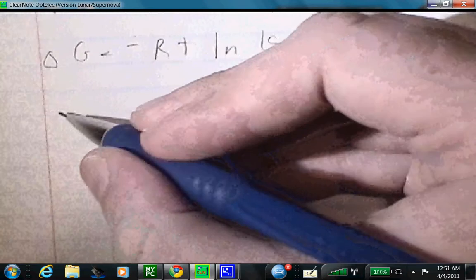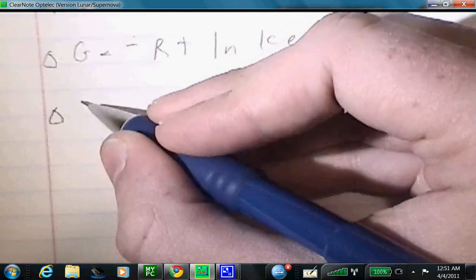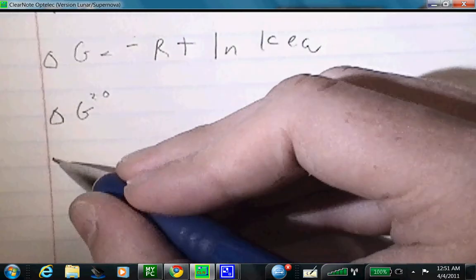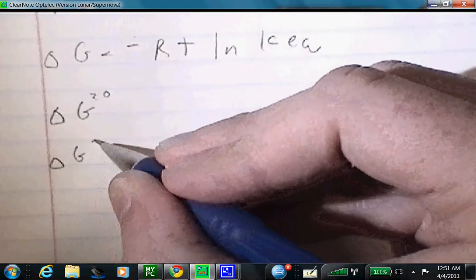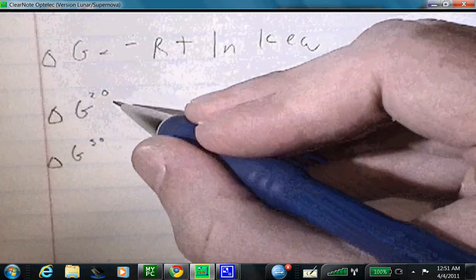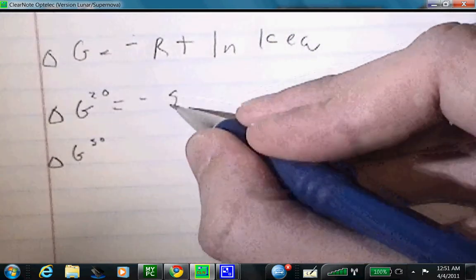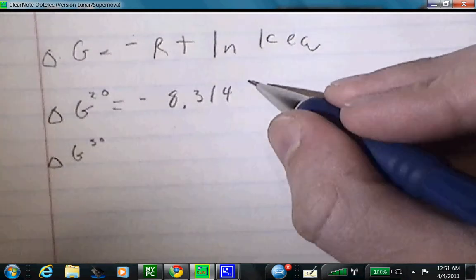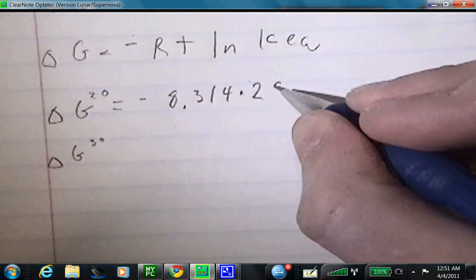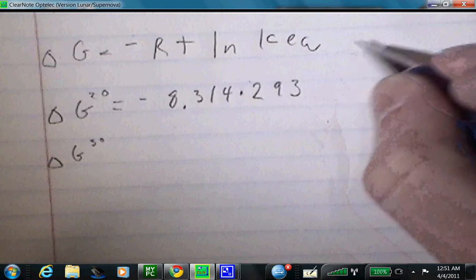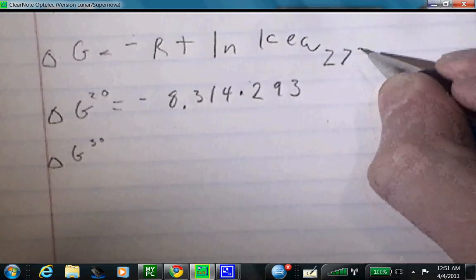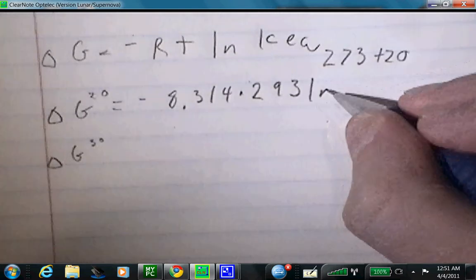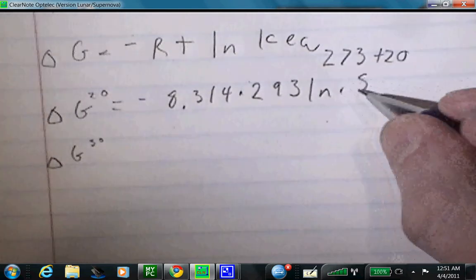I'm going to label these as delta G at 20 and delta G at 30. This is going to be negative 8.314 times 293, because 273 plus 20, we have to convert it to Kelvin, times ln of 0.5.